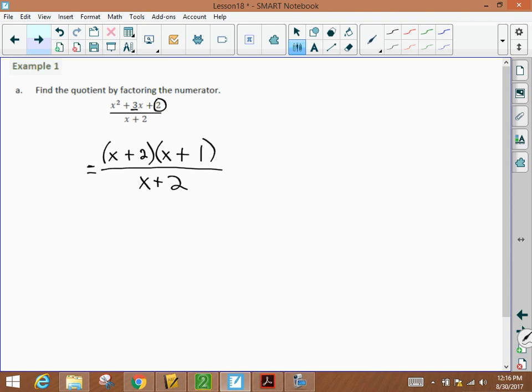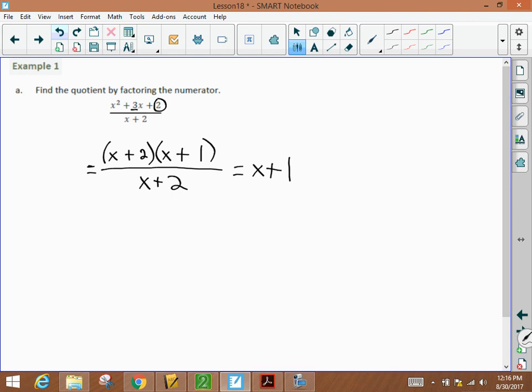So if we were to divide this, we would just have x plus 1 left. Some people might tell you that they cancel or something like that. But that's what's happening.